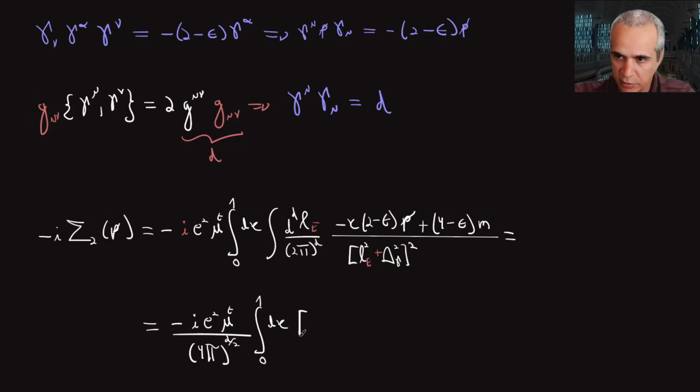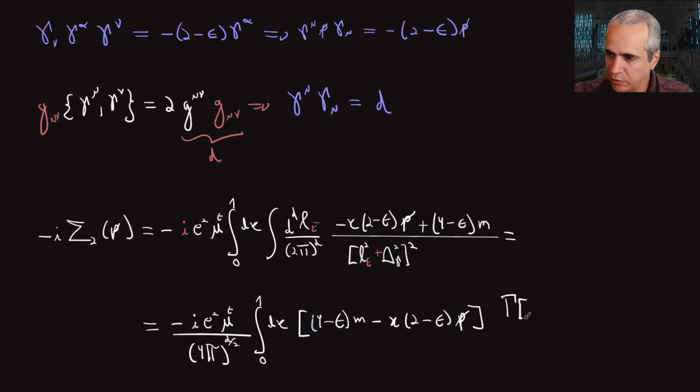We will just have 4 minus epsilon mass minus x 2 minus epsilon p slash, times the result for the integral, which is gamma of 2 minus d over 2.